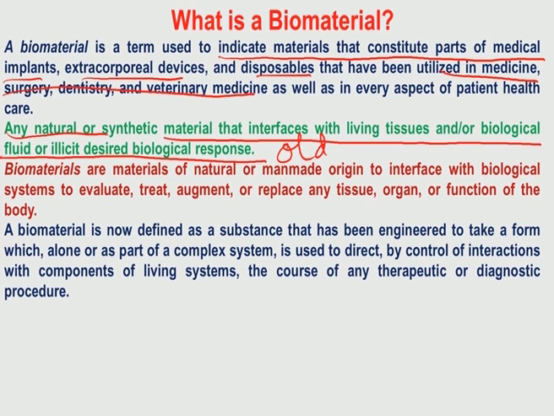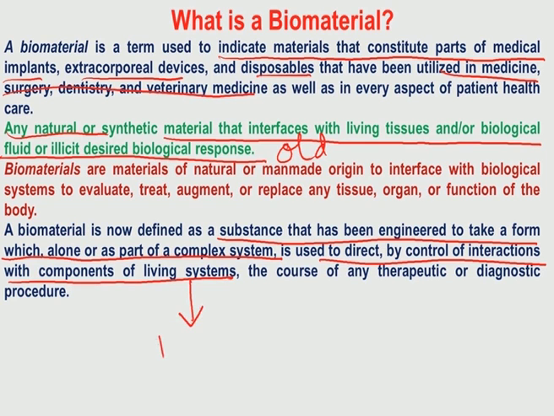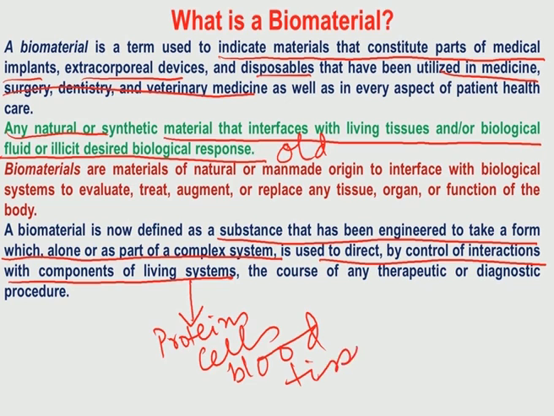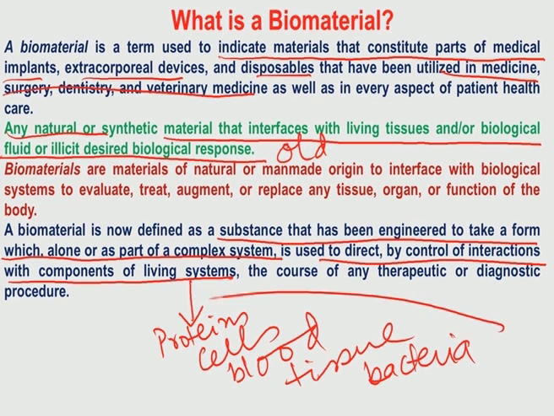Some modern definitions include: a substance that has been engineered to take a form which, alone or as part of a complex system, is used to direct, by control of interactions with components of living systems. Components of living systems means proteins, cells, blood, tissue as well as bacteria. Once a material is implanted in a living system, it has to interact with the proteins.